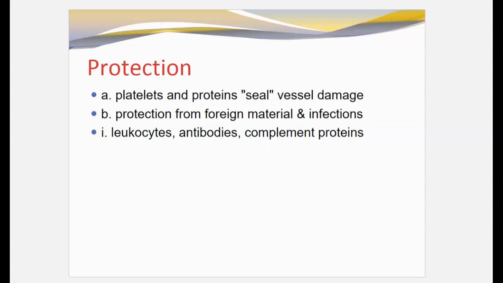Your white blood cells, there's different types of white blood cells if you've been studying, and they have different functions as to what they go after: bacteria, viruses, fungus, worms. Your antibodies are produced by the B cells, the plasma cells. And then the complement proteins are a series of proteins produced by the liver, which aid in the removal of invaders.